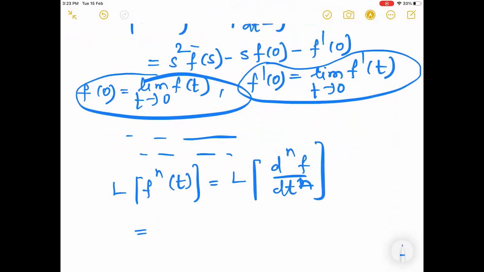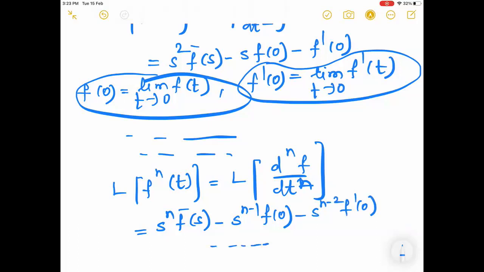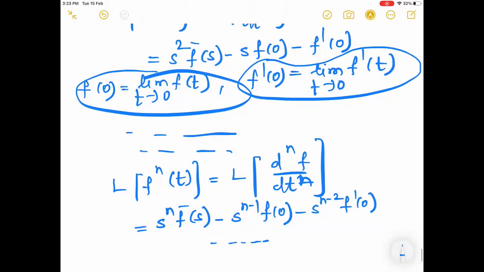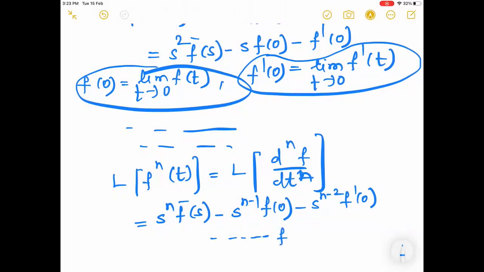Generalized form. s raised to n f bar s minus s raised to n minus 1 f of 0 minus s raised to n minus 2 f dash 0, and so on. All the negative terms. The ending term will be what? f raised to (n minus 1) of 0.